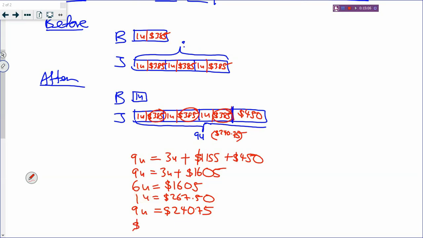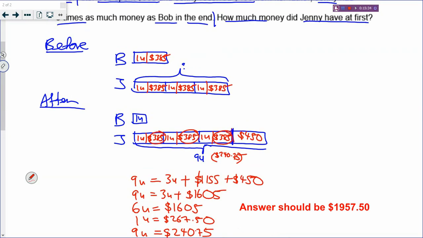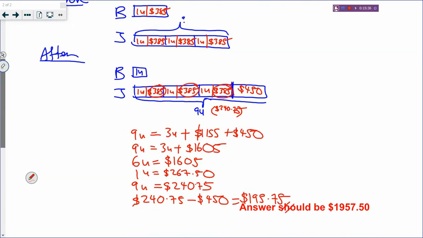So you take the money that she has in the end and you minus what she received, which is $450. And that will give you how much she has at first. And your answer will be $195.75 at first. So Jenny has 195.75 at first. Okay, so that is how you draw out the problem.